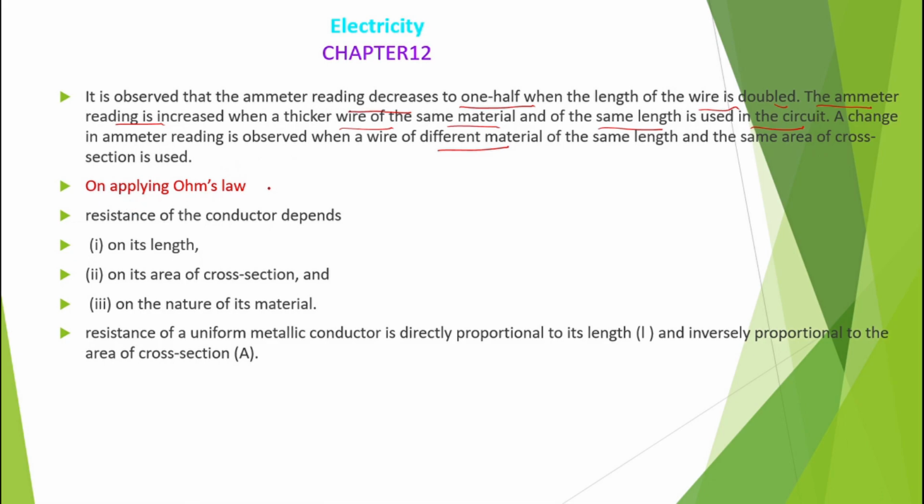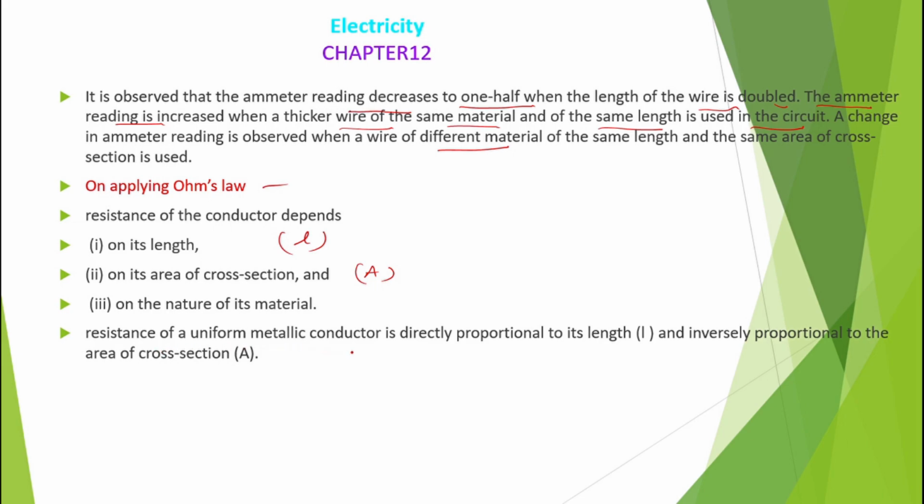So if you apply Ohm's law for this resistance, you will get that the resistance of the conductor depends on its length, cross sectional area A, and the nature of the material we have used.